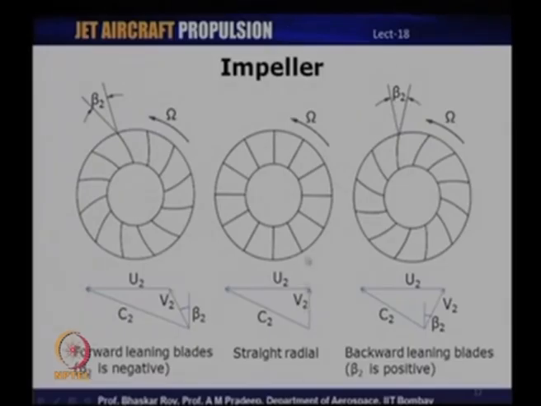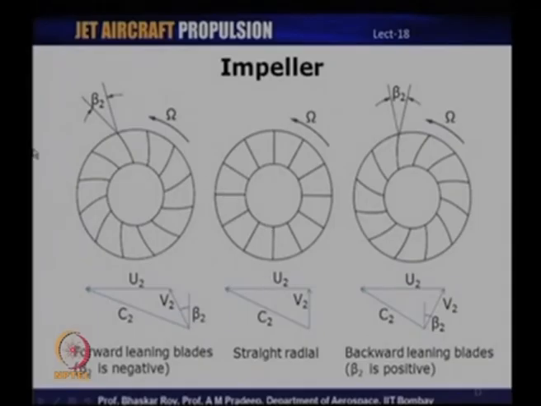So, you can see that V2 is radial in this direction, and correspondingly we can complete C2 from the velocity triangle, U plus V is equal to C. So, U2 corresponds to the blade speed at the impeller exit, V2 is the relative velocity at the exit, and C2 is the absolute velocity at the exit.